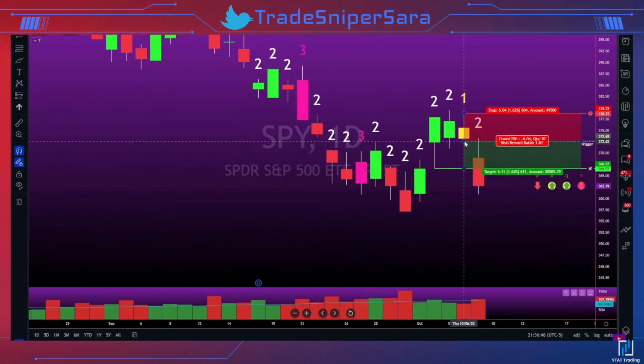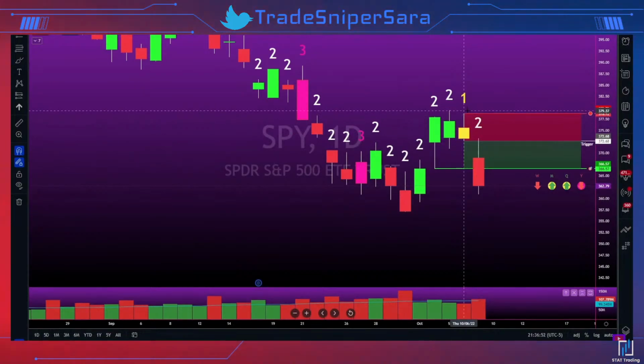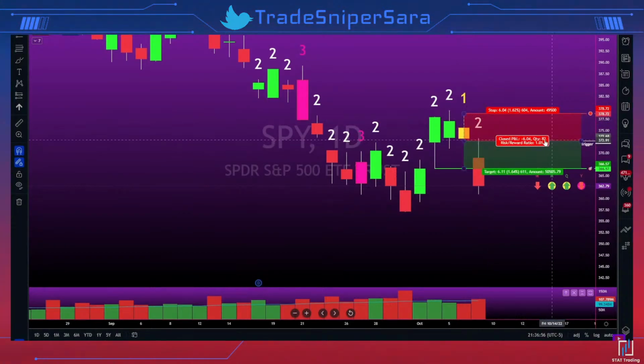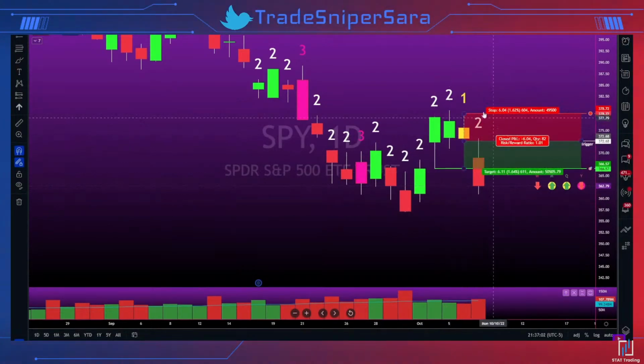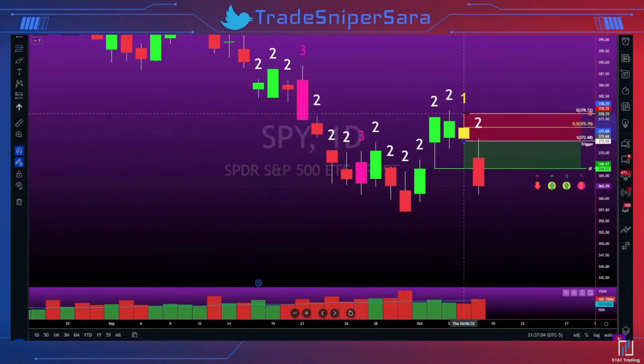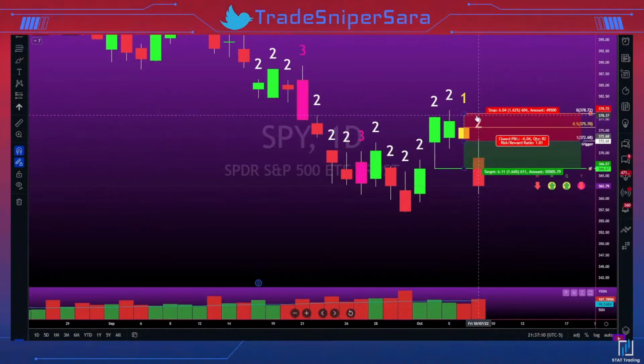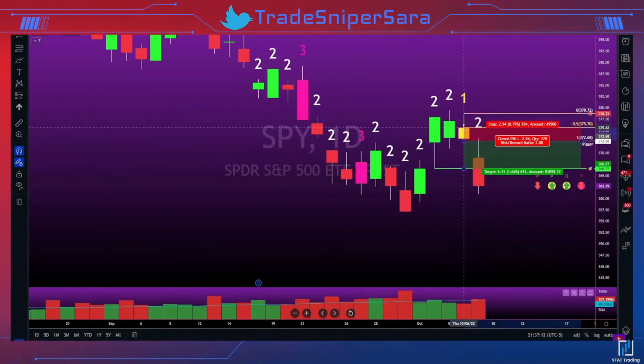So using the full stop, the trend-based stop, if you will, you could buy 82 shares of SPY, okay? Let's say you're using a 50% stop, so anything under 375.70.